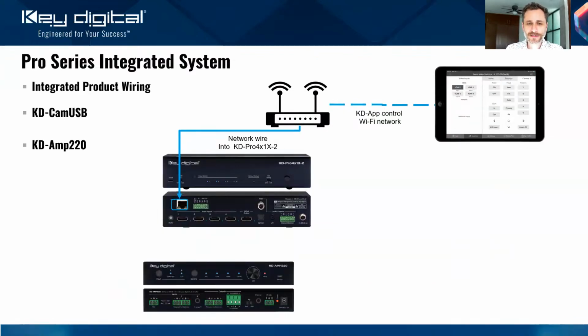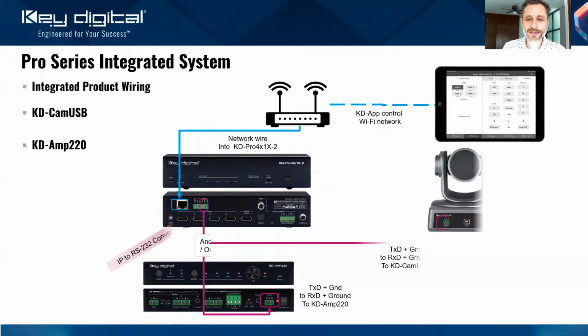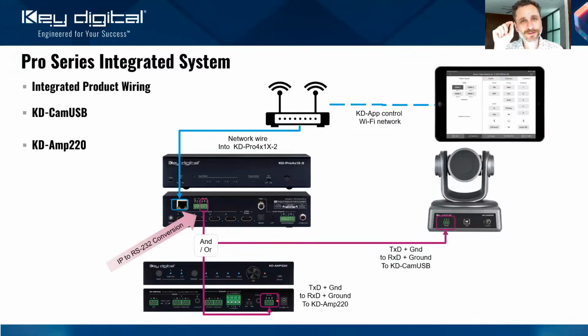For the camera, here's what's so cool. Because we're using Phoenix connectors, we've already got our RS-232 to the amplifier, but your Phoenix pin, you could just double stuff your wires. Double stuff the wire, and the commands are discrete between the camera and the amplifier. So it's never going to cause any confusion.